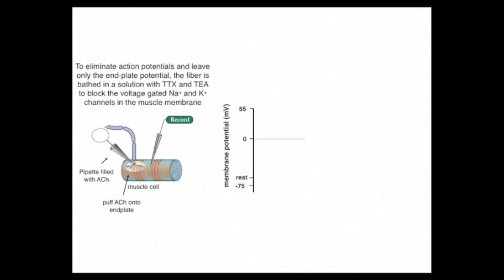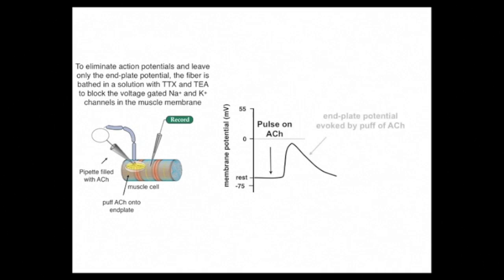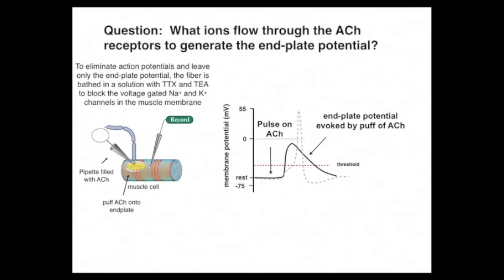Acetylcholine can then be puffed onto the membrane of the end plate to evoke a pure end plate potential. The action potential that would have been evoked if the solution bathing the muscle did not have a channel blocker is shown as the dashed gray line.